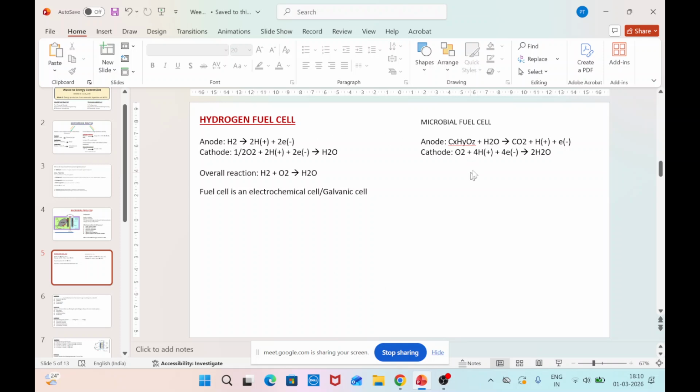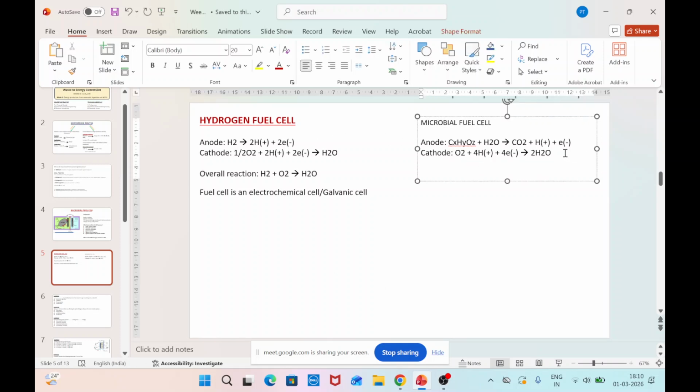There are different varieties of mediators or external agents used to make sure that this electron transfer happens more easily.